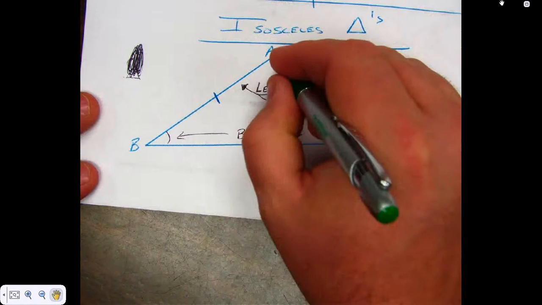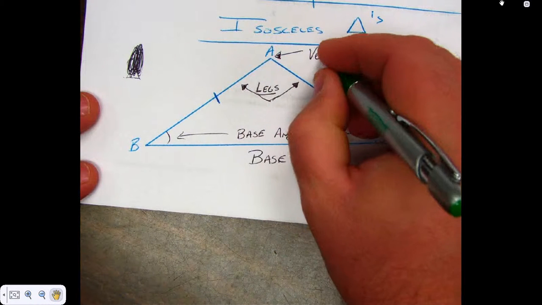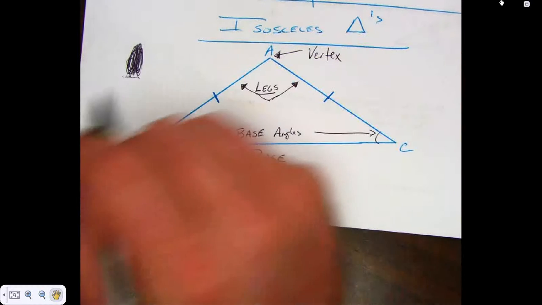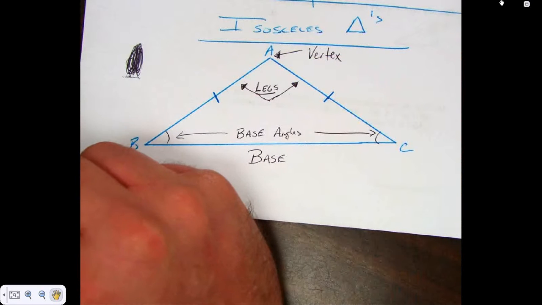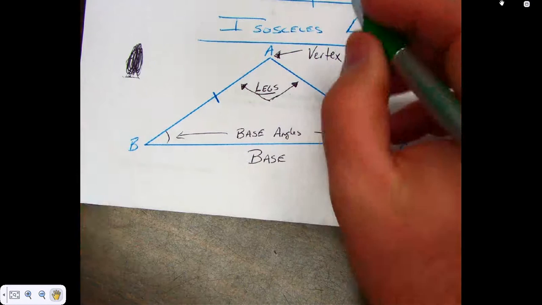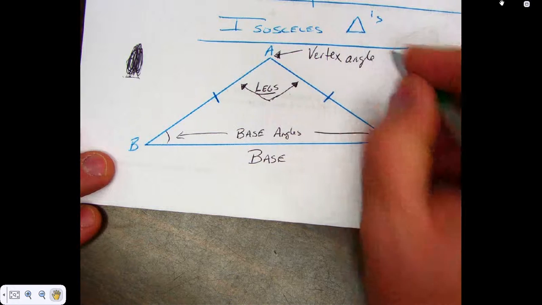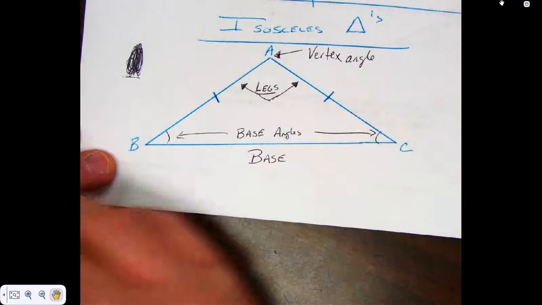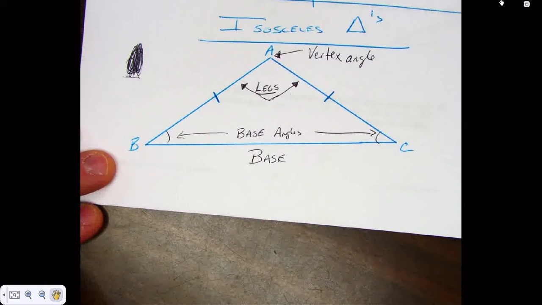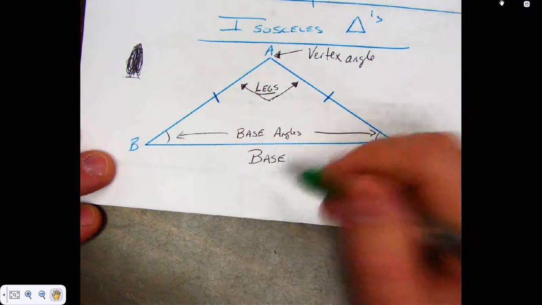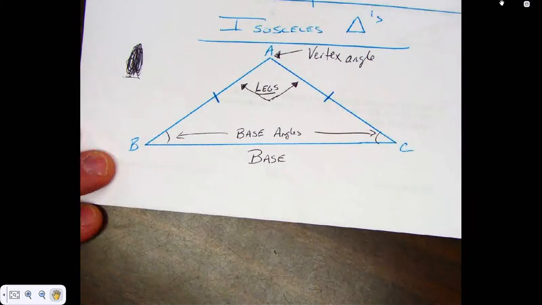This point right here is called the vertex of an isosceles triangle, or the vertex angle, because it's where the legs meet. It's where the things that make it an isosceles triangle start.